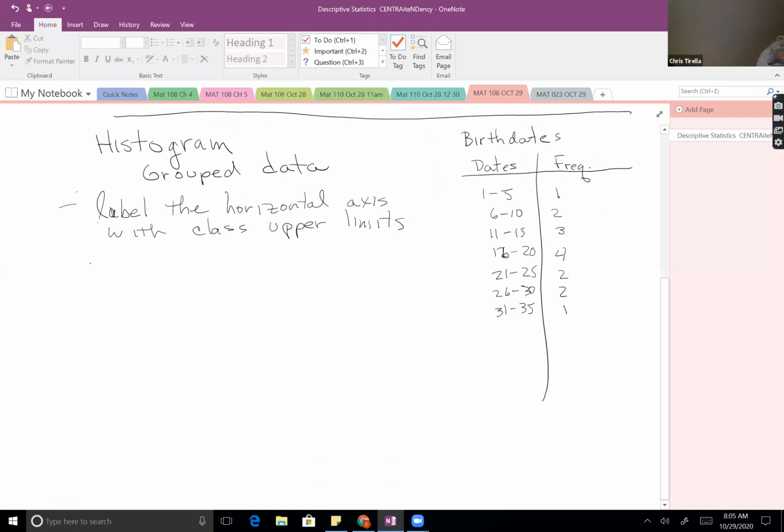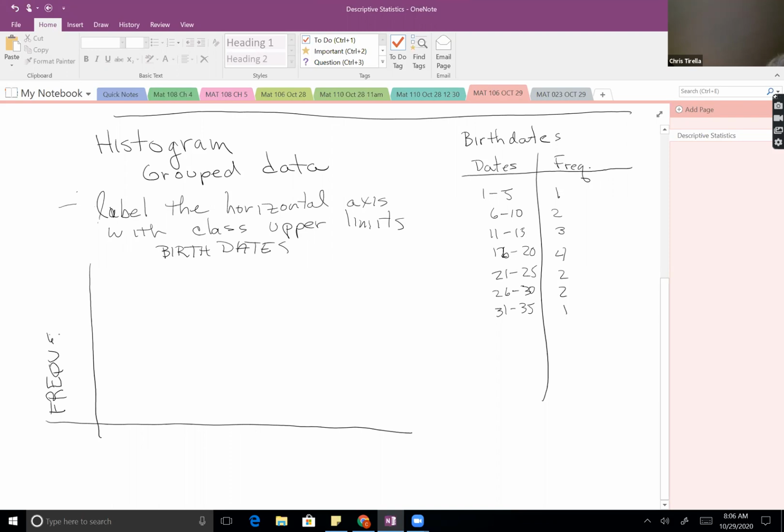And that's just my personal preference. And so as I go through and look at this, the title would be birth dates. The vertical axis would be our frequency. The horizontal axis would be our dates.